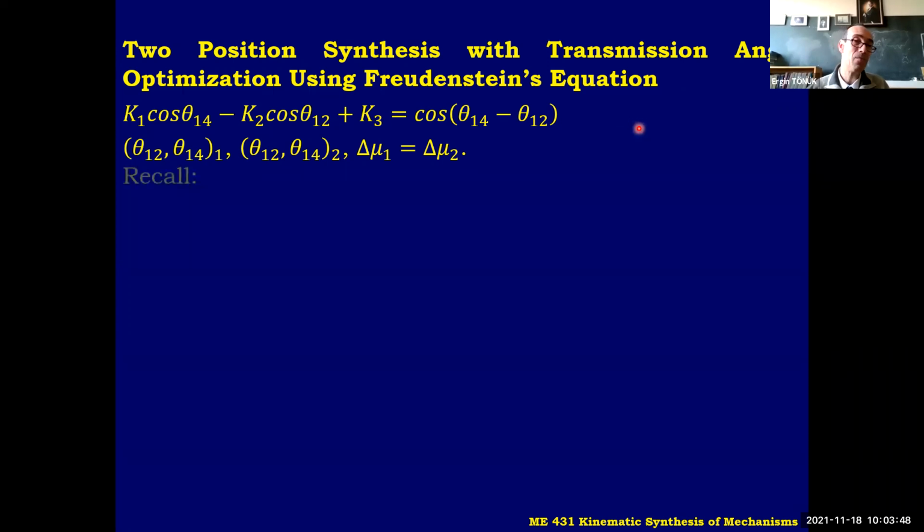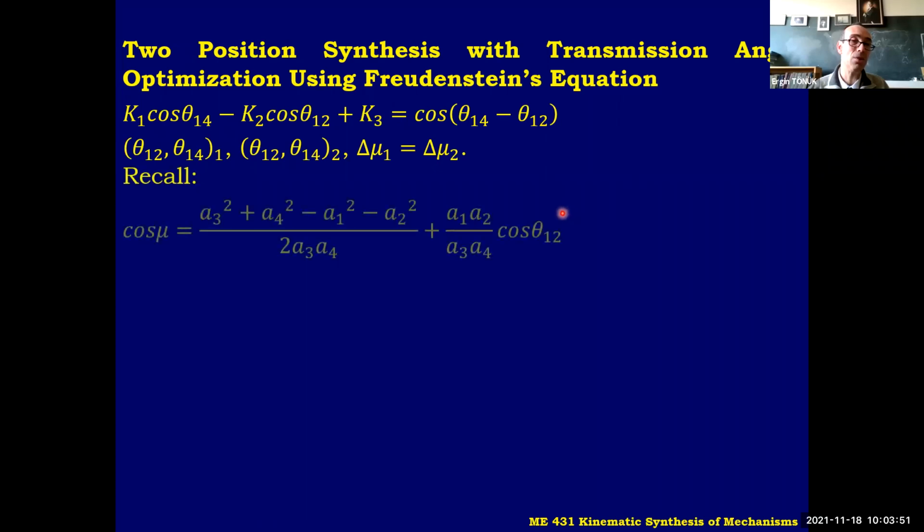Now, just recall the definition of transmission angle for any position. We had a fixed coefficient and a coefficient that depends on the crank angle. So actually, transmission angle is variable. It depends on the position.